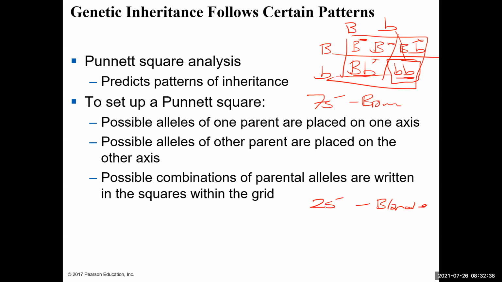25% will be homozygous dominant, which is this one here. 50%, so 2 out of 4, will be heterozygous, and then 25% will be homozygous recessive. Okay, so we can use the Punnett square to get those averages.